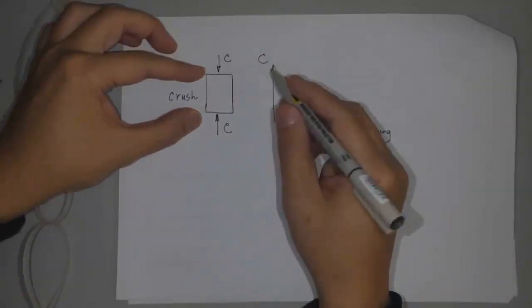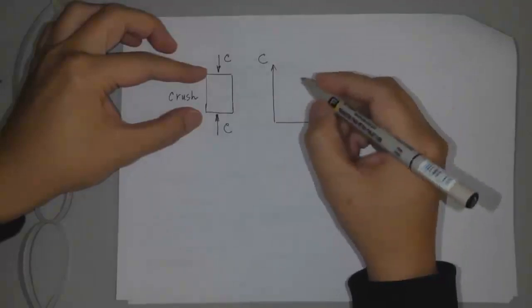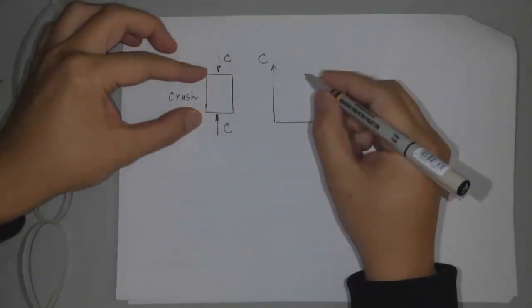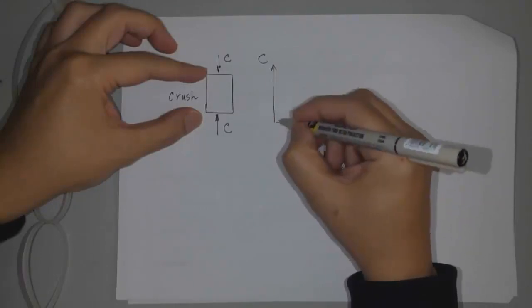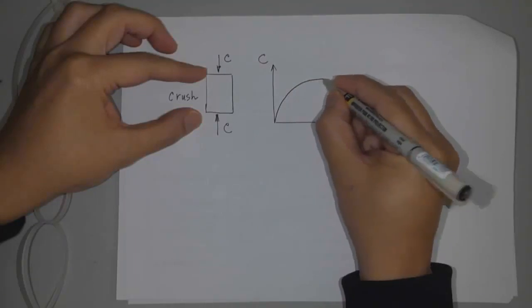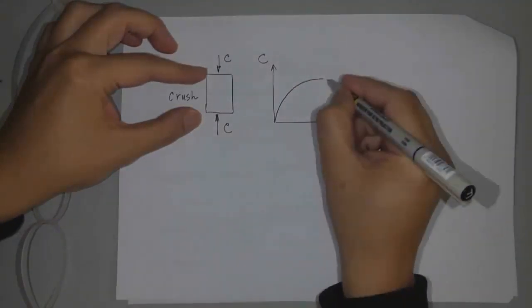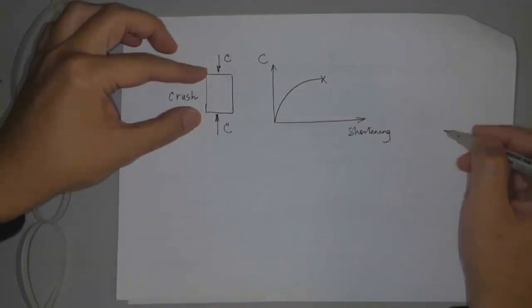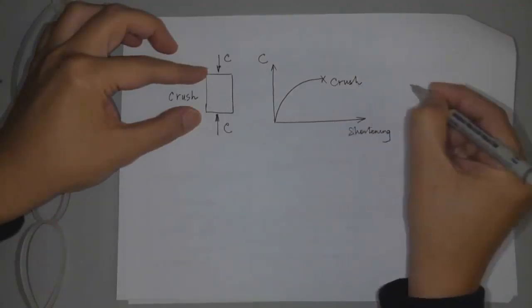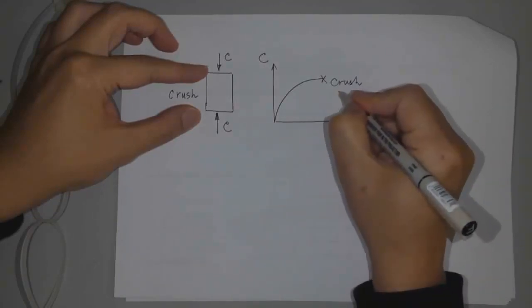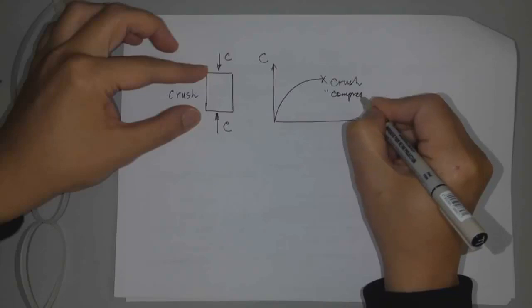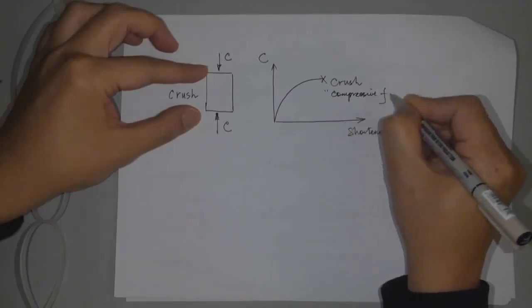Right, so if you do this experiment, what happens is, if you plot C against shortening, it's not a straight line, it's sort of a parabola. So it would be something like this, until it crushes. The technical term is compressive failure.